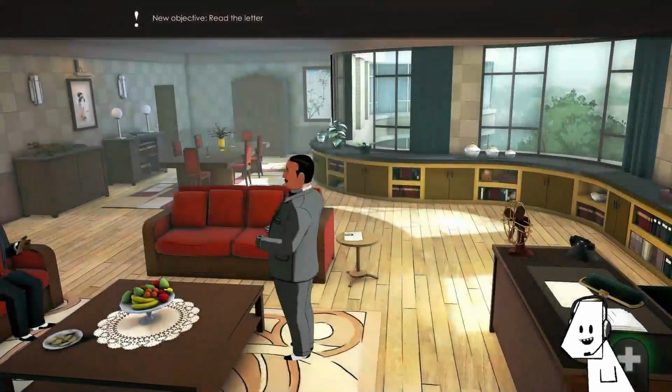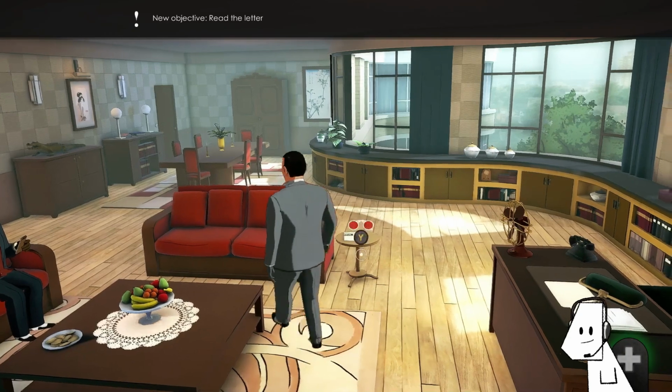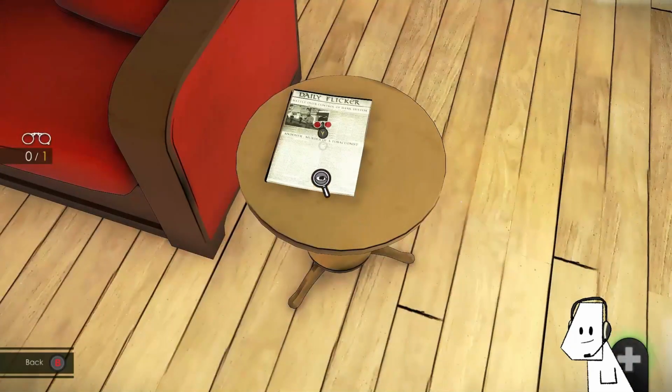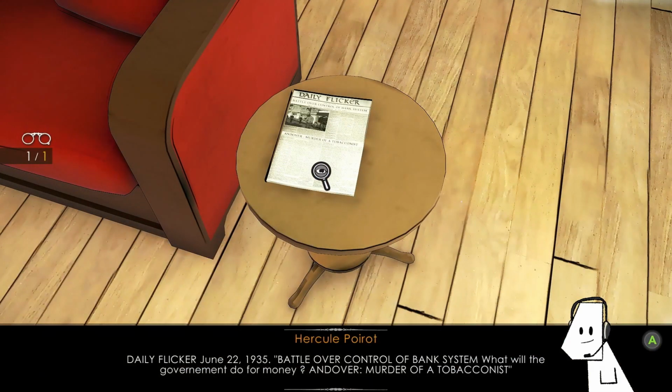Right, so we did the first case, and I say did. We're no closer to actually knowing who did it, but Daily Flicker, June the 22nd, 1935. Battle over control of bank system. What will the government do for money?